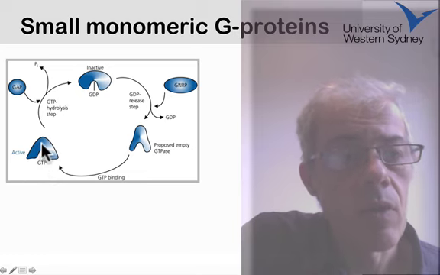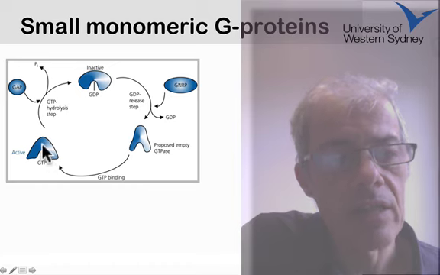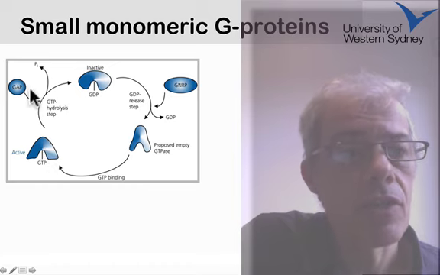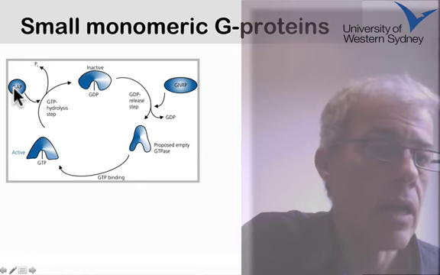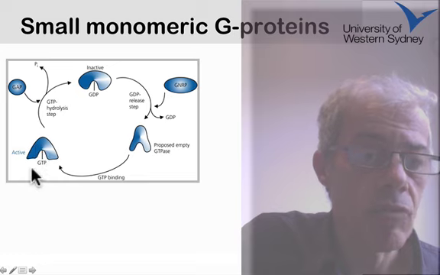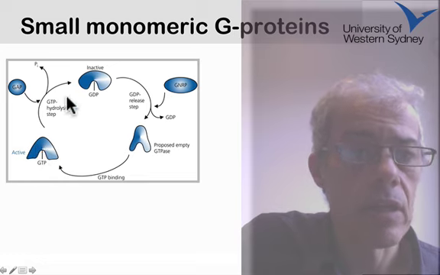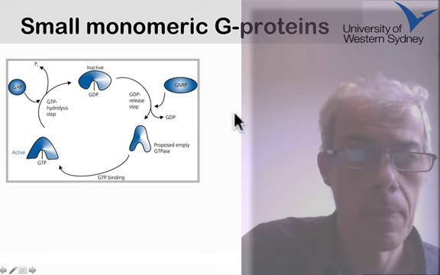And also we've been talking about how the G proteins have a weak GTPase activity. This is showing one of the helper proteins, a GAP protein that's involved in speeding up the rate of this hydrolysis reaction, leading to an inactive state. And we'll discuss this more in a couple of slides' time.